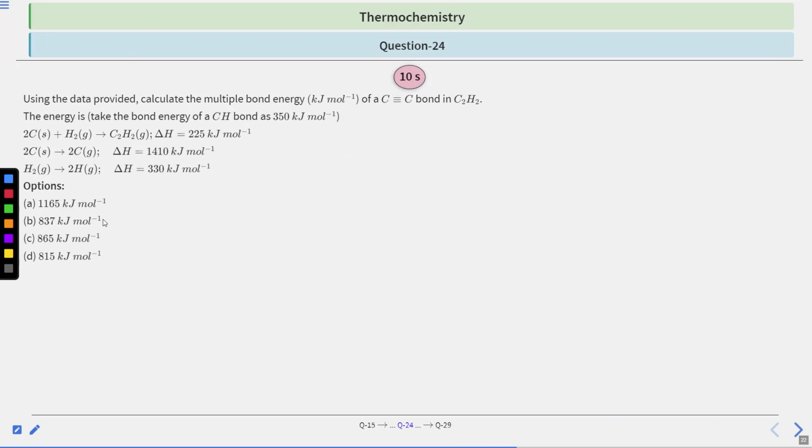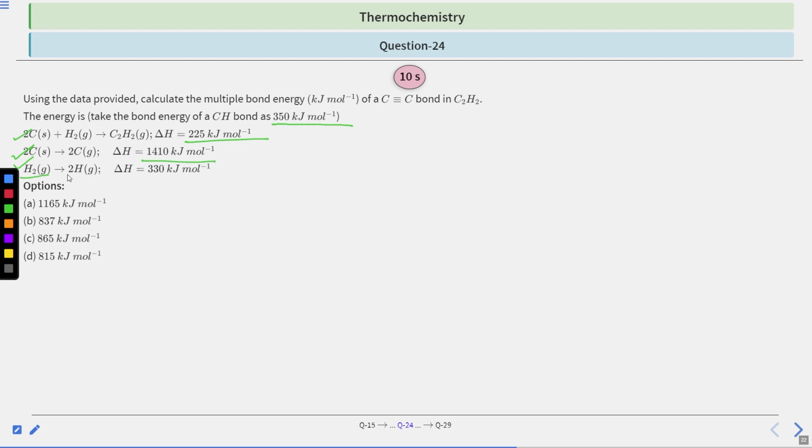Let's move to question number 24. Using the data provided, calculate the multiple bond energy of a C triple bond C bond in C2H2. Take the bond energy of CH bond as 350 kilojoule per mole, and we have three equations given here also. 2C plus H2 will give you C2H2, del H is 225. 2C will give you 2C in gaseous state, del H is 1410 kilojoule per mole.